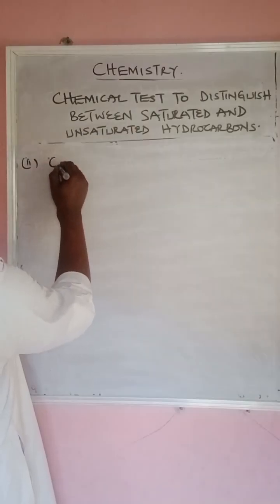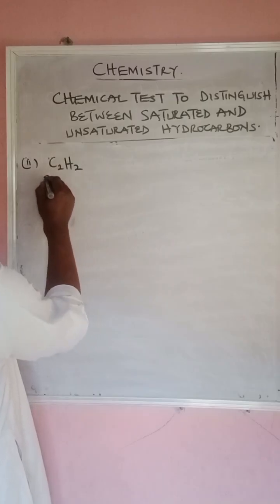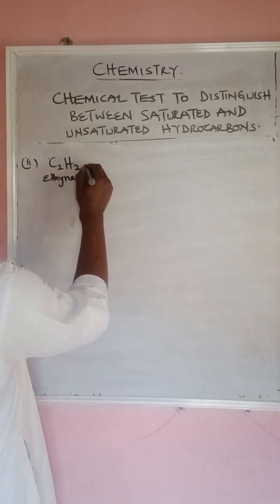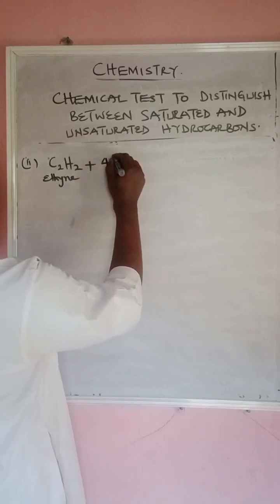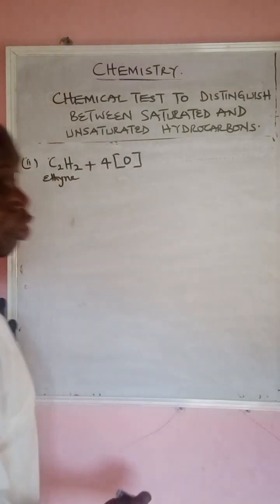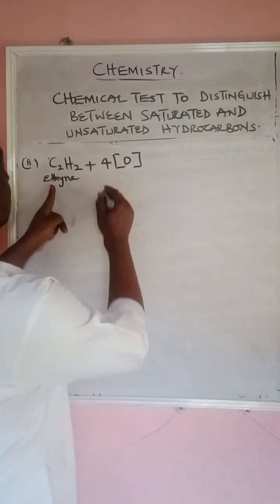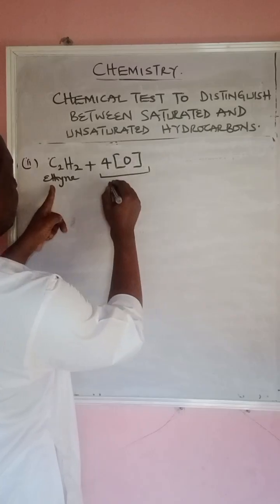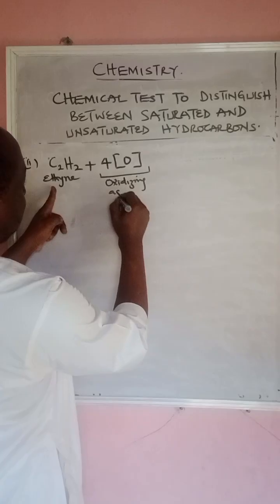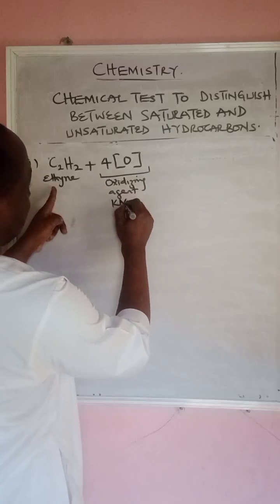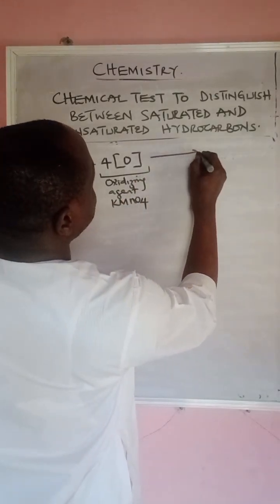Let's consider C2H2, that is ethyne, reacting with the same thing. So this one is represented with 4 oxygen atoms. This is how to represent KMnO4 when it's reacting, which represents the oxidizing agent. That is KMnO4 for oxygen. So it's added here to yield.